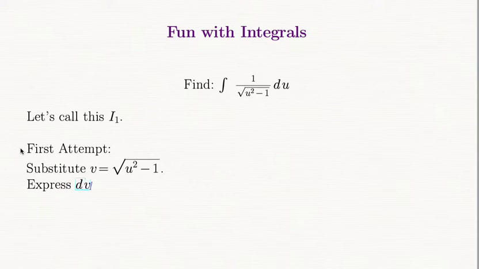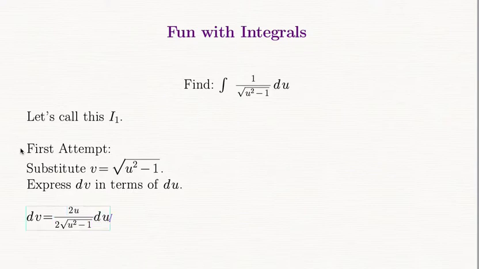To that end, dv is nothing but, and we are going to apply the chain rule of differentiation, 2u by 2 square root u squared minus 1 du, which is simply cancelling out the 2. This is simply u by square root u squared minus 1 du.